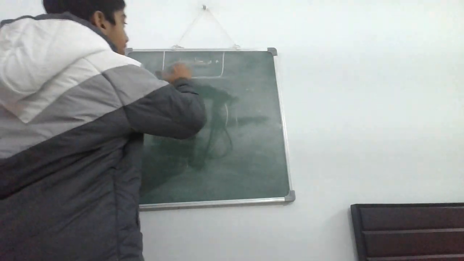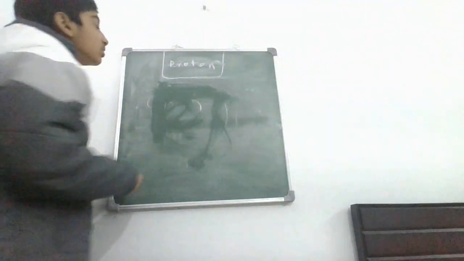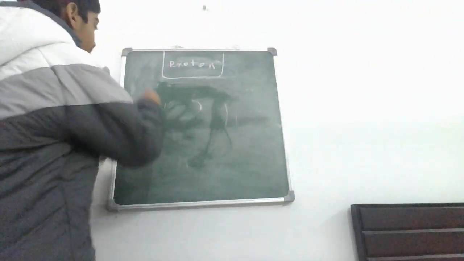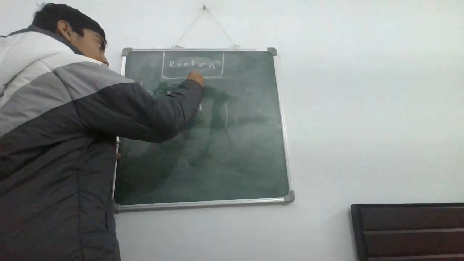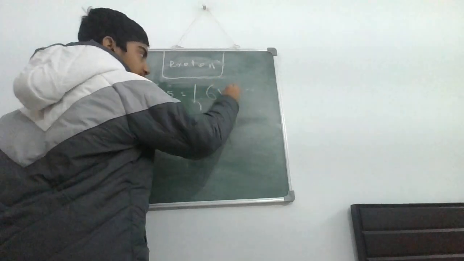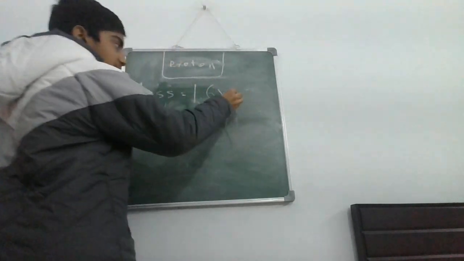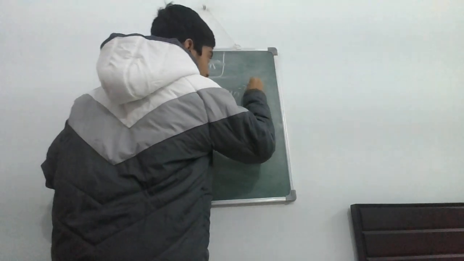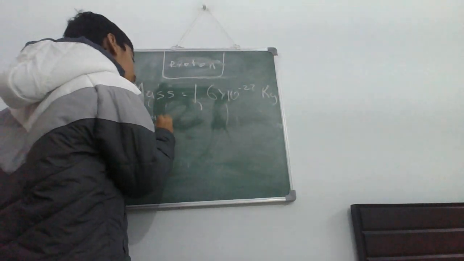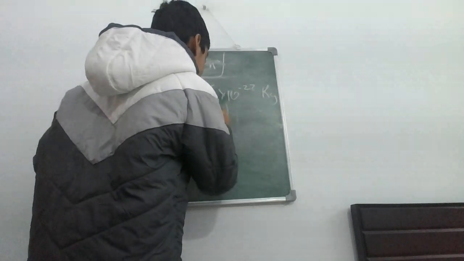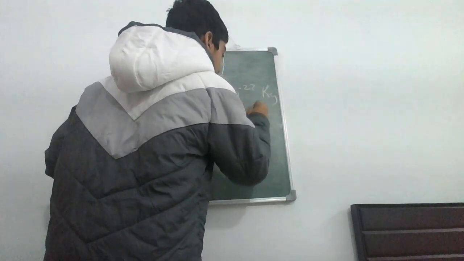So, what Rutherford did to find the proton is this. But first, we need to talk about fundamental properties of the proton. Protons have mass of 1.6 into 10 to the power of negative 27 kgs and a charge of 1.6 into 10 to the power negative 31 coulombs.